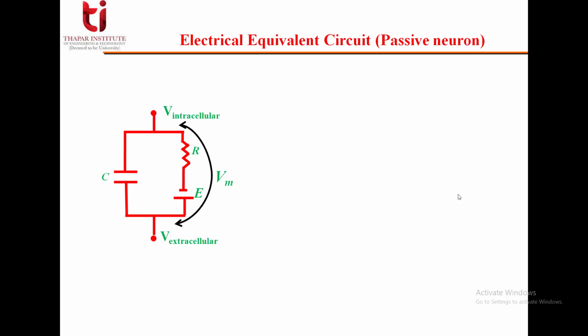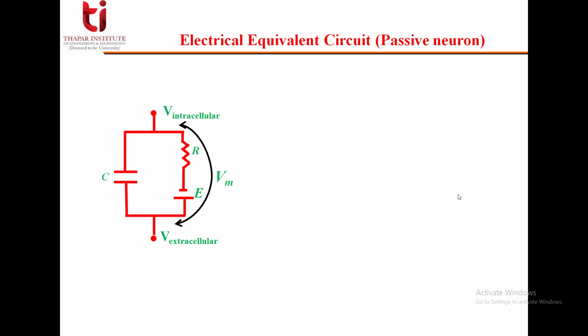As you can see in this figure, you have a capacitor, which is the membrane, R representing the ion channel, and E representing the potential at rest, basically the resting potential. If we have the movement of ions, that means some resistance will be there, and that will contribute to the membrane potential, that is Vm.